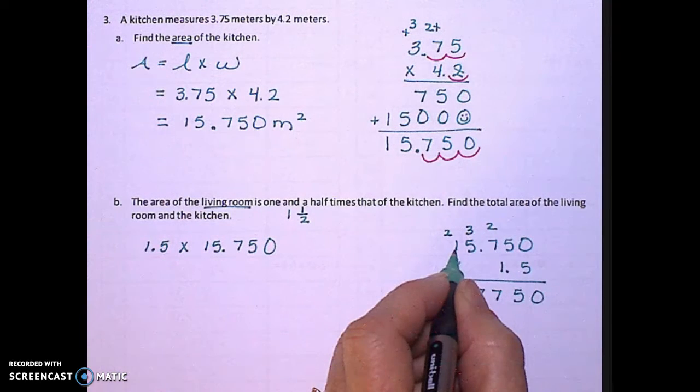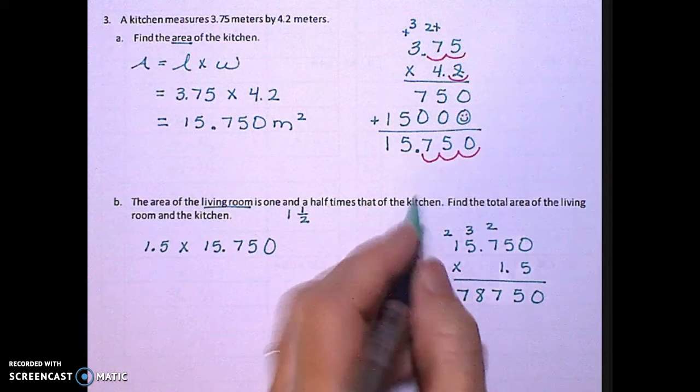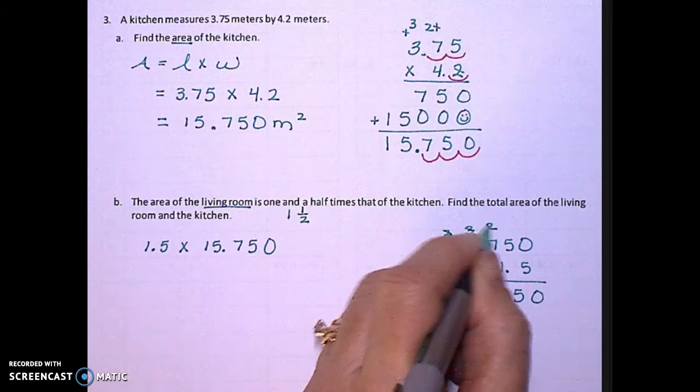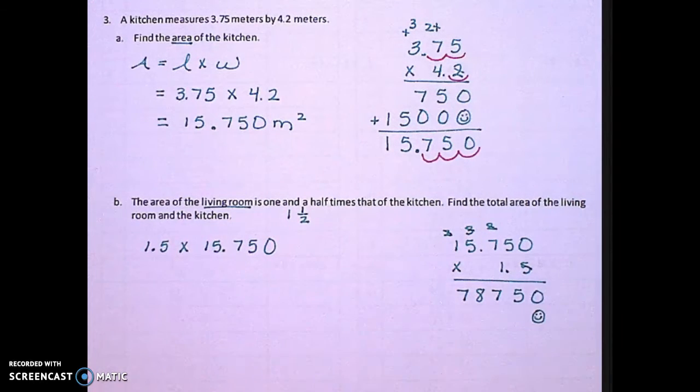And 5 times 1 is 5 plus 2, which is 7. Cross out all those carries, cross out your 5, placeholder 0, and we're ready for the next number.